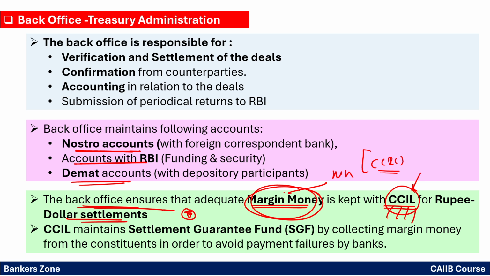With it, the back office has to maintain some money, mainly for dollar to rupee settlement. CCIL also maintains the settlement guarantee fund, SGF, by collecting margin money from different constituents in order to avoid payment failure. That means they will have a separate reserve to avoid payment failure by the bank.